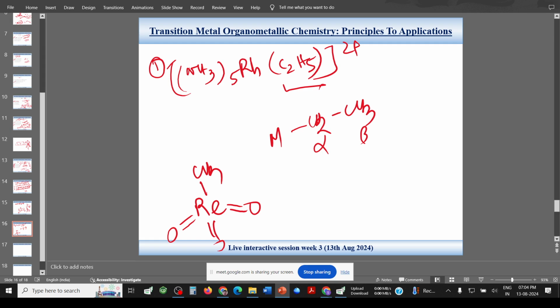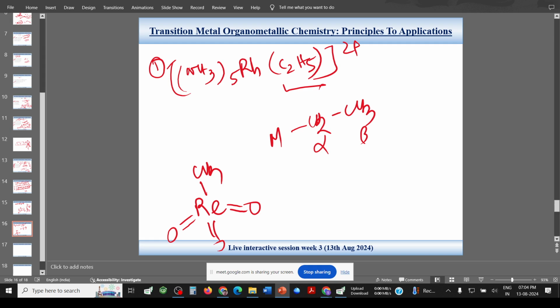So when we are discussing the unstable organo sigma alkyl complexes, we should also remember some stable metal alkyl complexes.